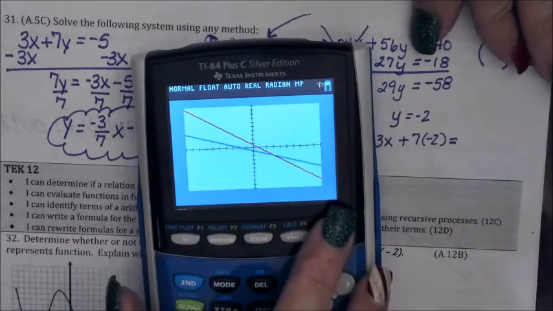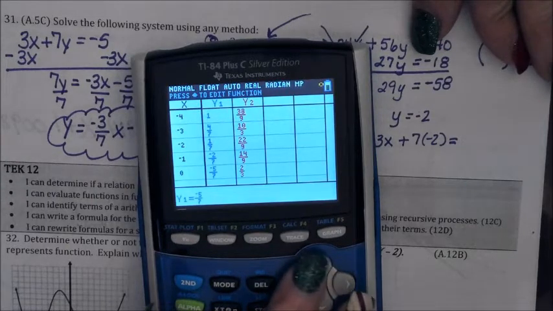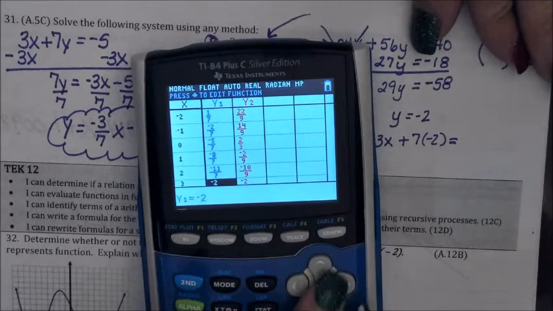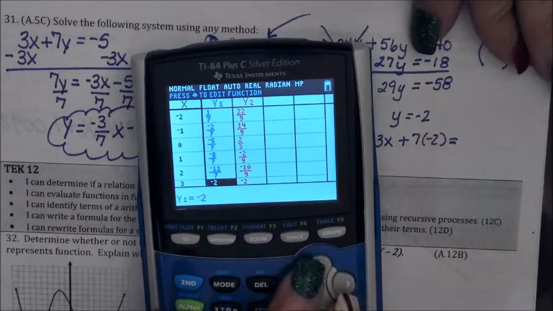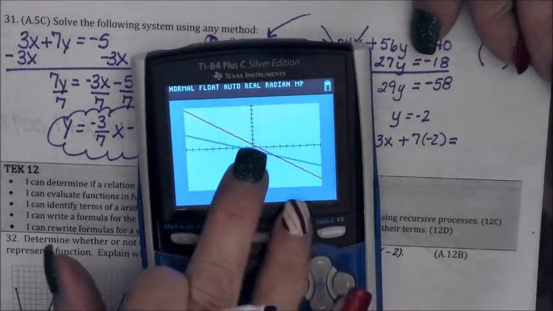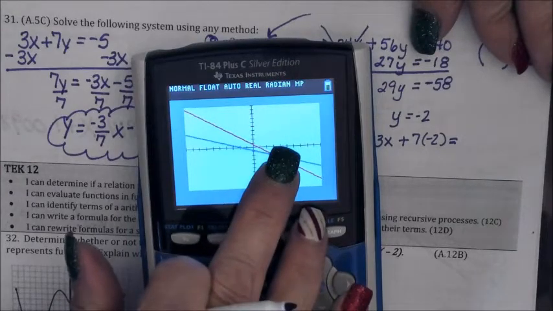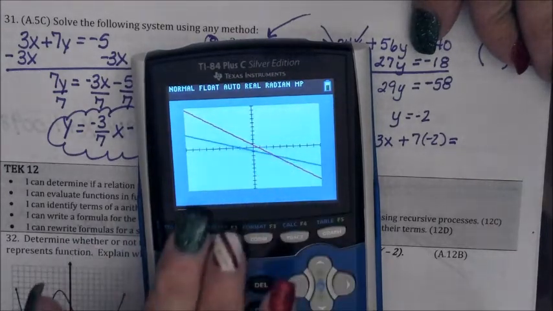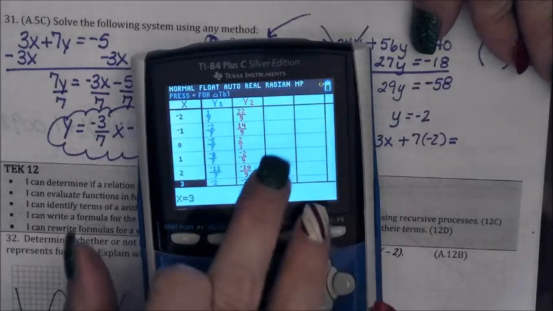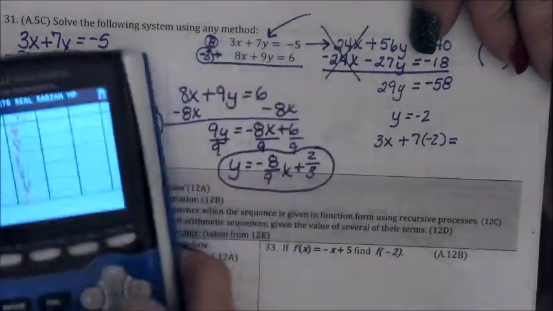X equals 3, I mean. Let me go back down here. I bet I can find it now. Oh, there it is. 3, negative 2. Boom. Those match, so that means it's at 3, negative 2. I was looking at the wrong spot. Over 3, down negative 2. So on the second table, there it is. At 3, they're both negative 2.